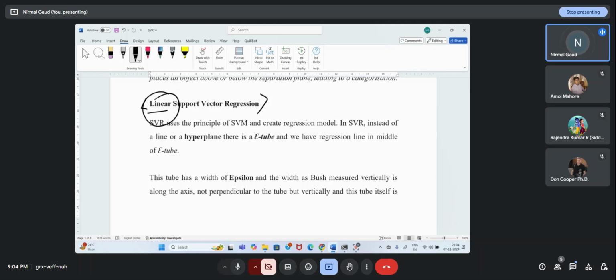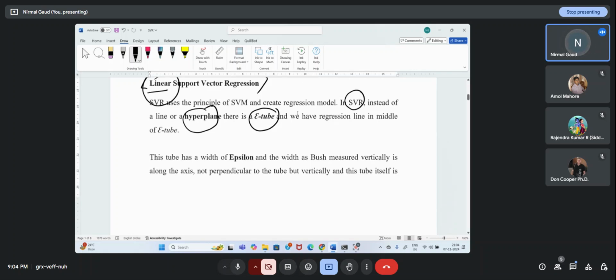In SVR, we use the concept of epsilon tube, not the hyperplane. There is no hyperplane actually. Here we have an epsilon tube. But they are very smart people, they just changed the name hyperplane to epsilon tube. And we have a regression line passing through the middle of the epsilon tube.